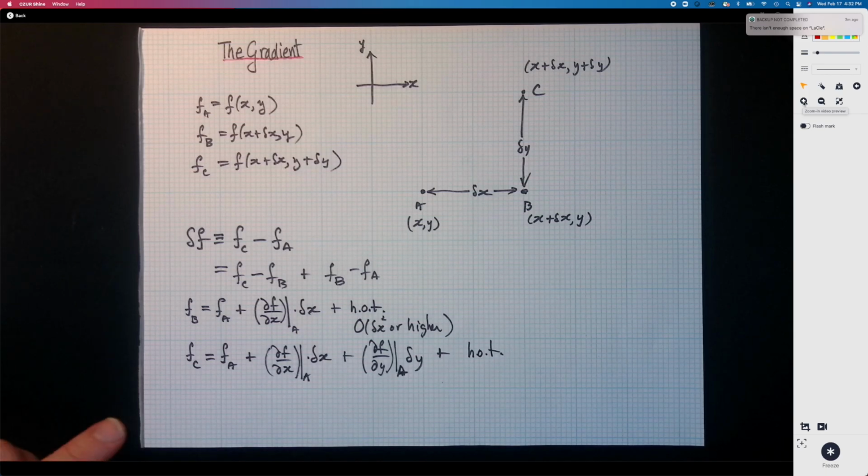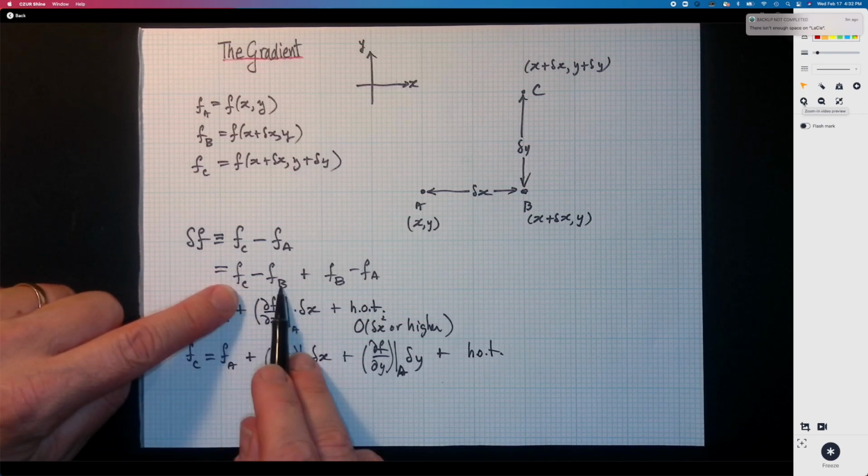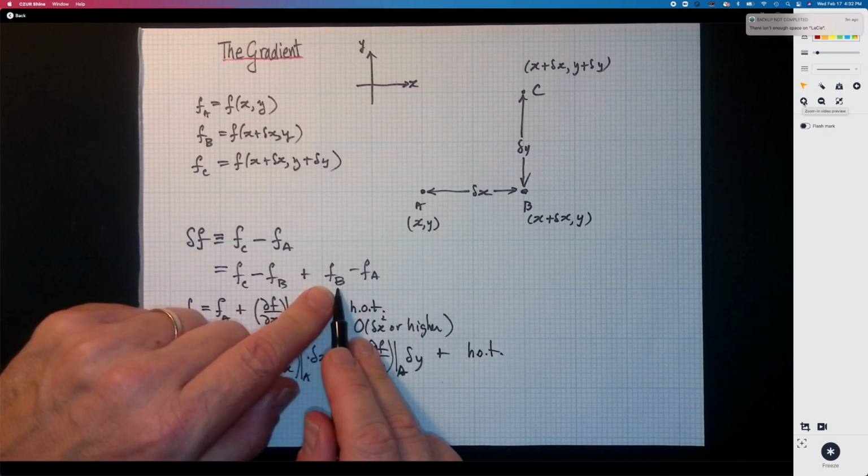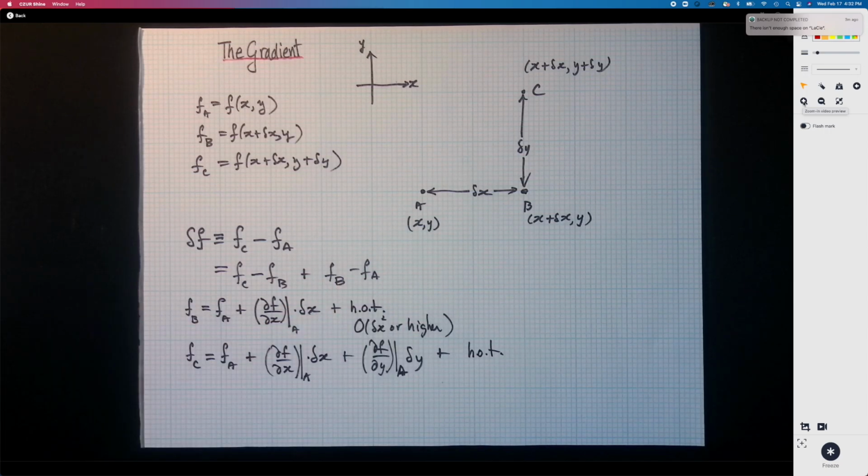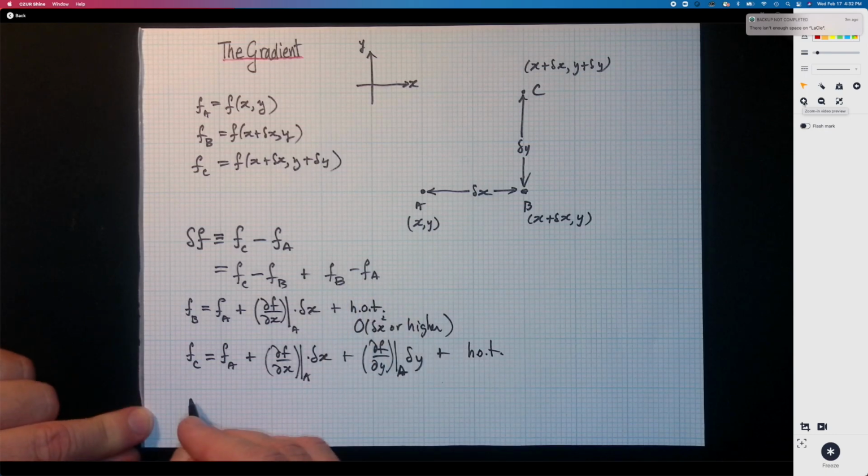And from this I can calculate what the difference of f at C minus f at B is and what f at B minus f at A is. So let's evaluate the first one.